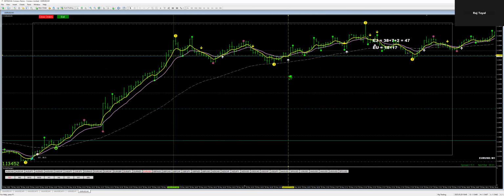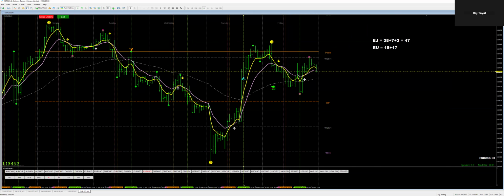And an entry right there. This is a 1-hour trade. And exit is right here. Well, let's say end of day. And that's another 19 pips.